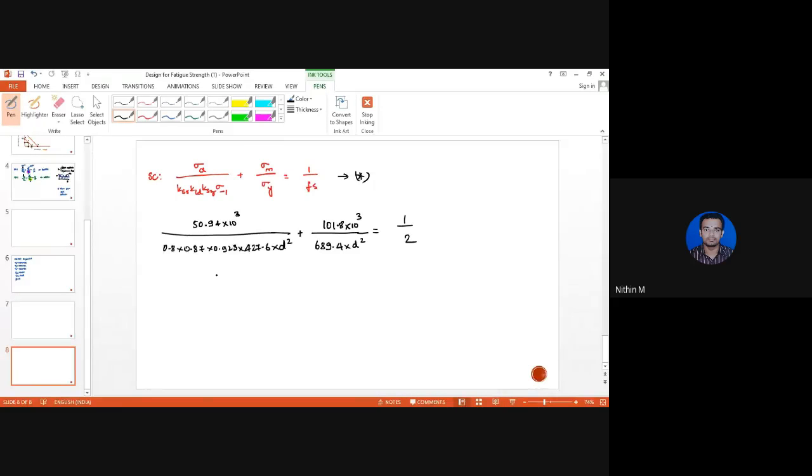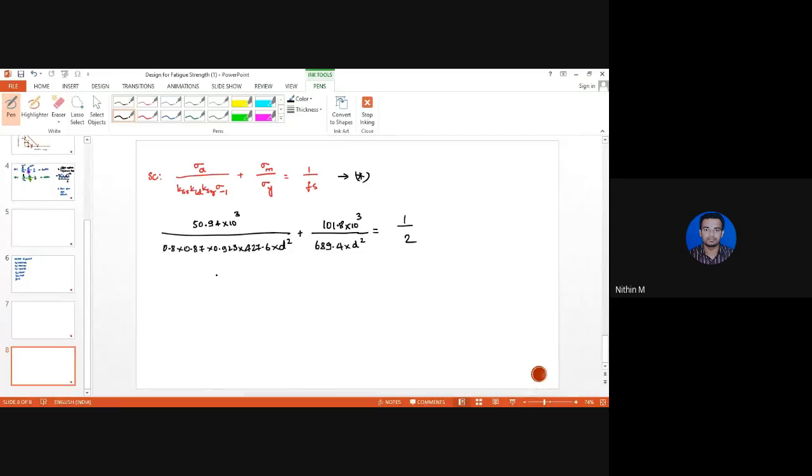Open the calculator, type the equation directly as it is, press shift and click the solve button. You should give a trial value for d. If you look at the forces and the strength of the material, the diameter of the shaft may be somewhere around 20 to 25 mm. As you go on solving these problems, you will get an idea.